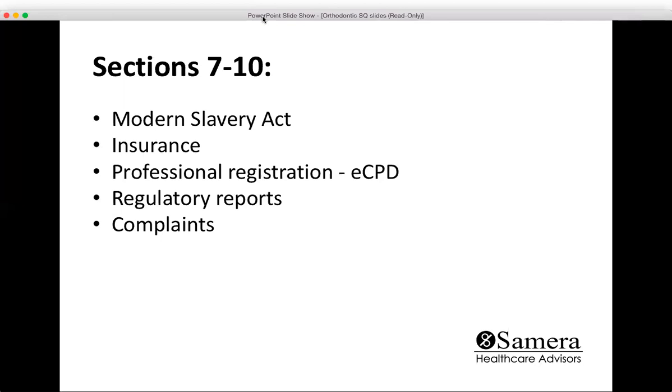Okay. And regulatory reports? So this is basically if you have had any complaints or notices. If you've got any complaints going on against you at the practice, then you should share this.